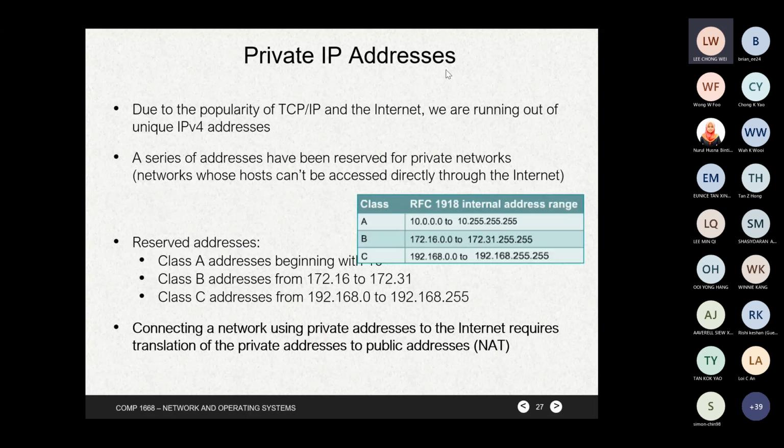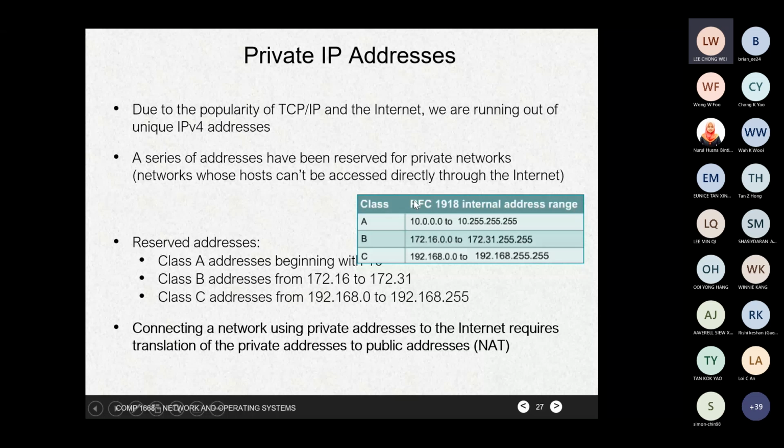Which is more interesting to discuss is the private IP addresses, where due to the popularity of TCP/IP, and we are running out of the actual public IP address version 4, the organization responsible for IP address management came out with what they call private IP addresses. They use the same class A, B, and C. But now the range is different compared to the public.